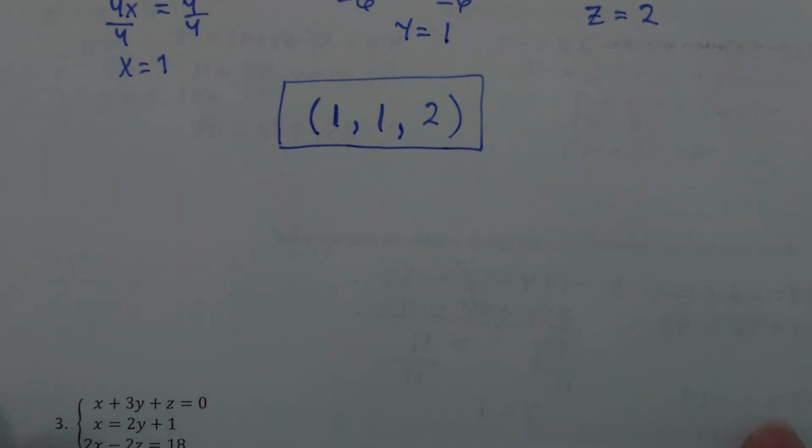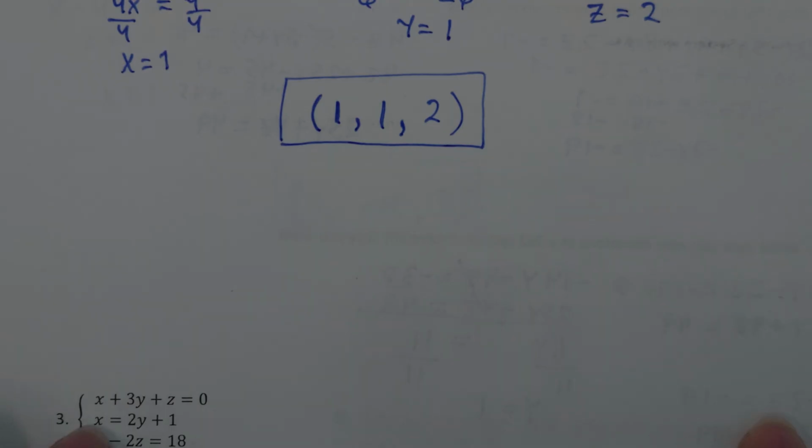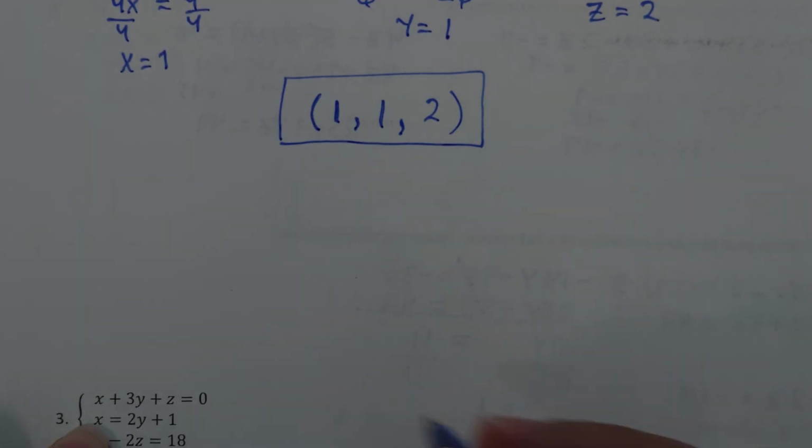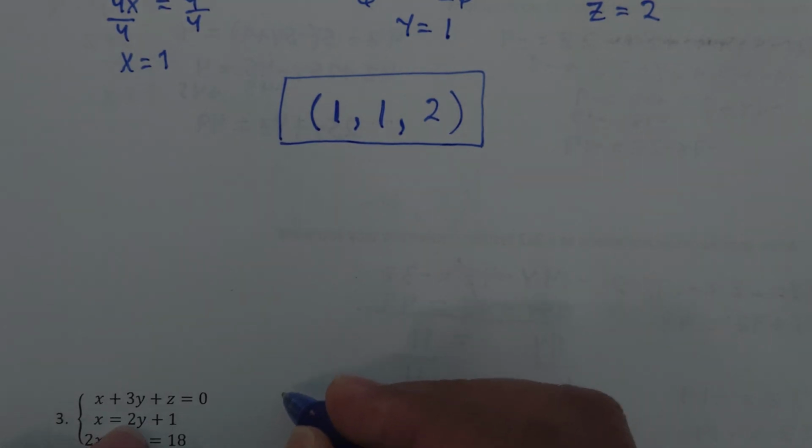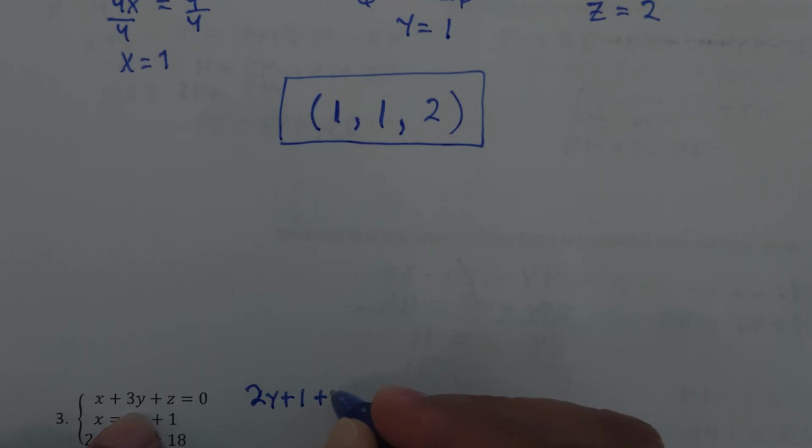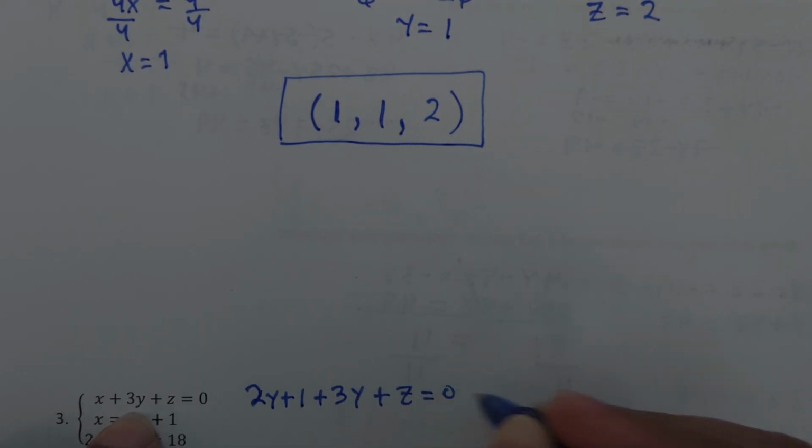So notice that in the second equation, we have the x isolated. So what I'm going to do is substitute for x in the first equation. So instead of x, I'm going to copy 2y plus 1 in the x plus 3y plus z equals 0.